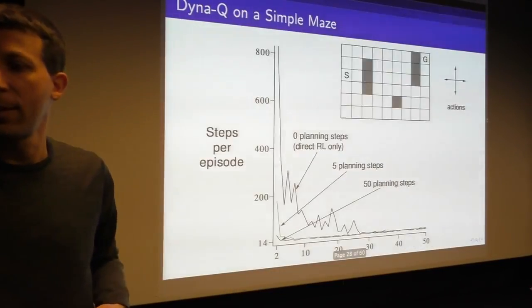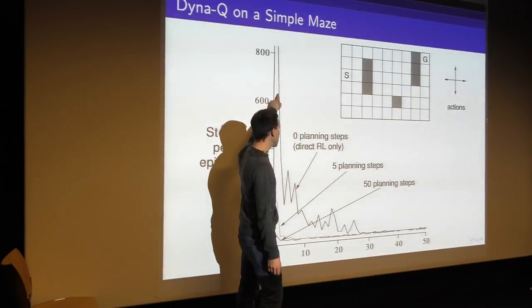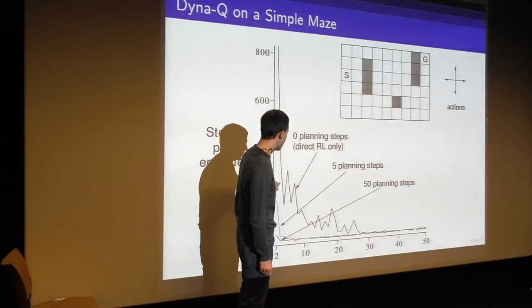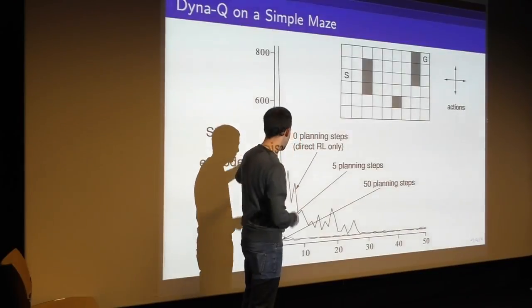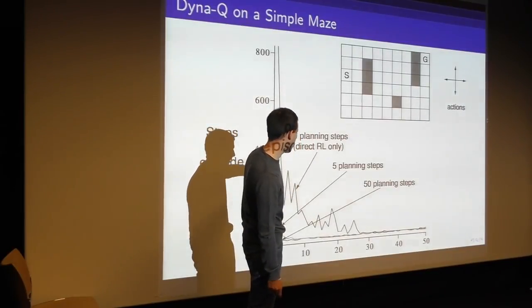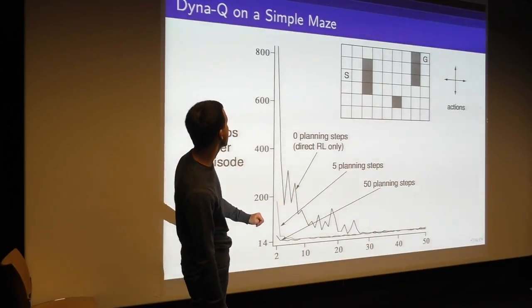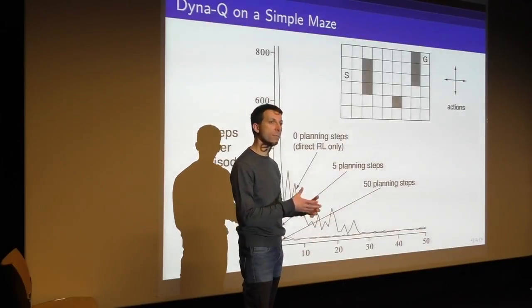And what we see is that if I don't do any planning, like if n is 0, if I don't use any imagined experience, this is our standard model-free reinforcement learning approach down here. We get these kind of noisy samples, and after, say, I think this is the number of episodes down here, and after say 30 episodes, we've figured it out.